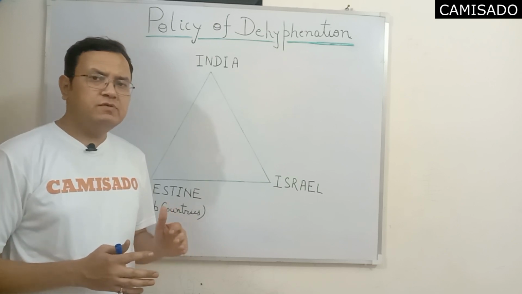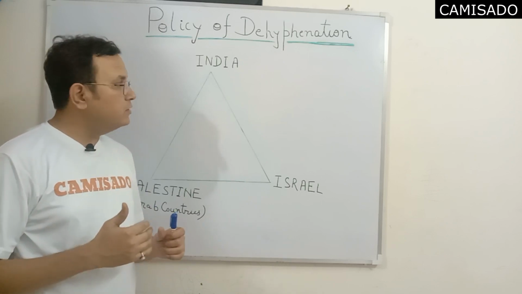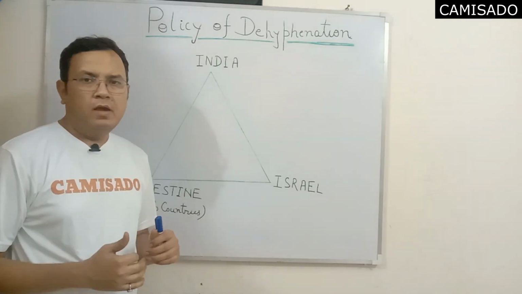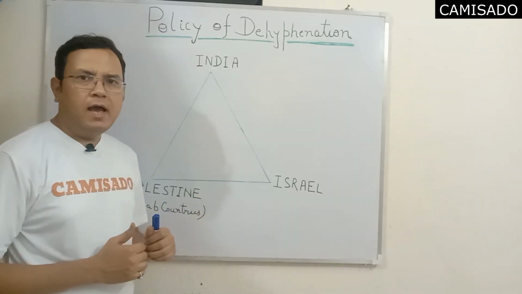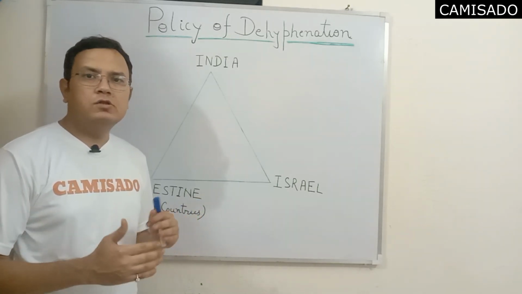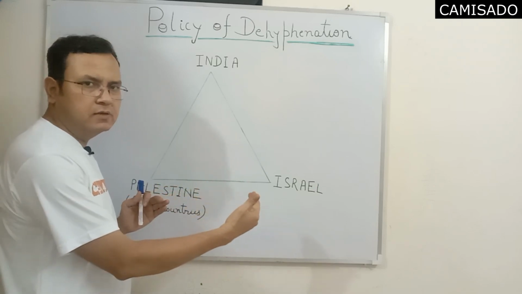Some of the incidents which I would like to discuss here will suggest how India maintains its independent relationship, and it is a kind of walking on the tightrope, especially when we talk about our relations with Israel and Palestine.